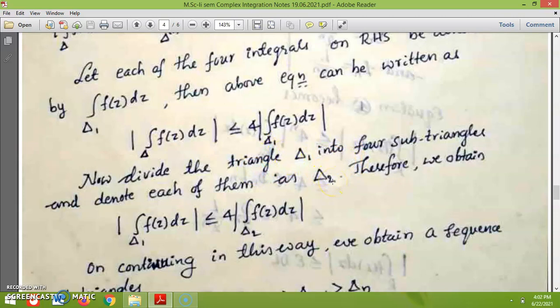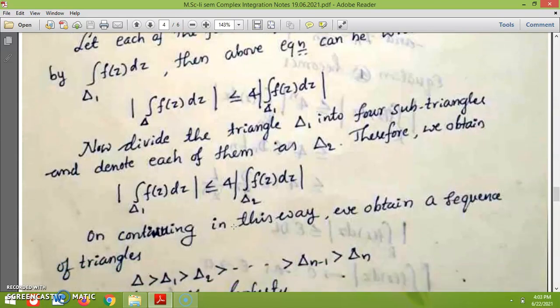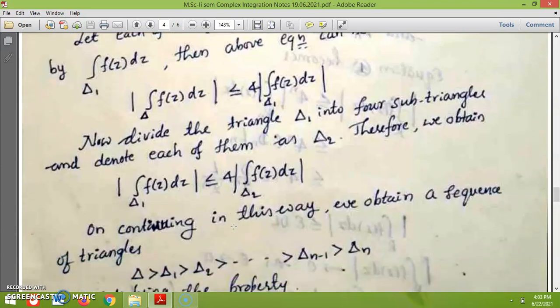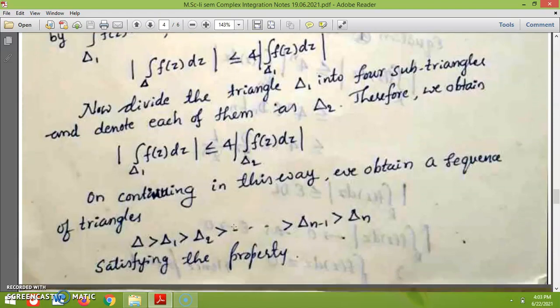Then we obtain again, because it is 4 into 4, that is 4 squared. So the integration should be less than or equal to 4 squared times the integration of f of z dz over the triangle 1, or else it should be less than or equal to 4 times the modulus of the integration of f of z over triangle 2.